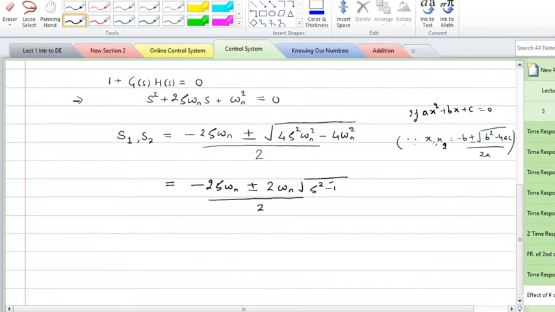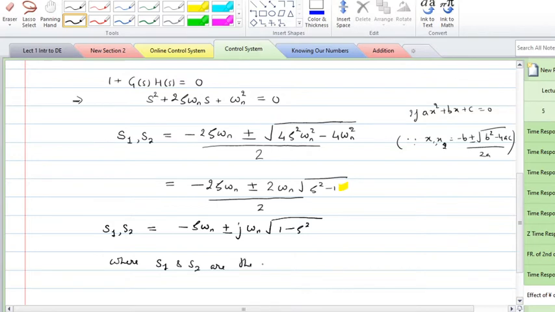Taking this minus sign as common, we get the final result s1, s2 equals minus zeta omega n plus minus j omega n under root 1 minus zeta square, where s1 and s2 are the roots of s square plus 2 zeta omega n s plus omega n square equals 0. Okay, these are the two roots.